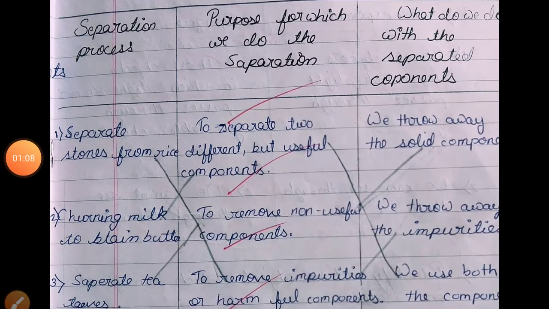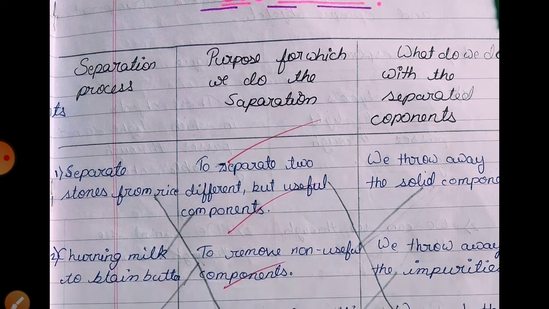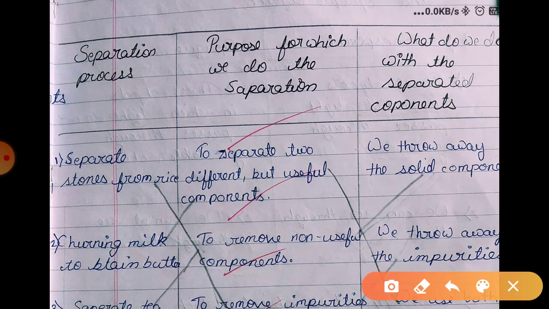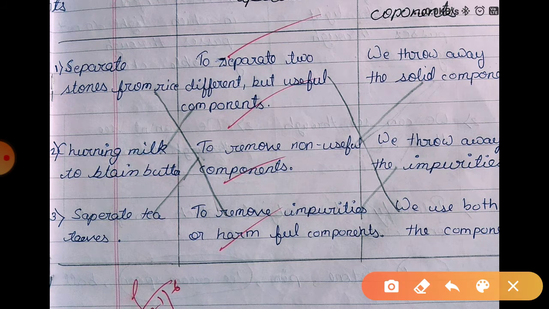Next, table of why do we separate substances. Separation process, purpose for which we do the separation, what do we do with the separated components. Number 1, separating stones from rice is used to remove impurity or harmful components.